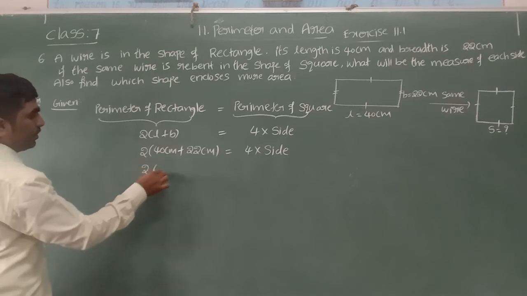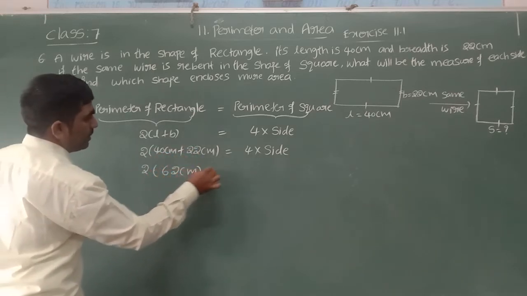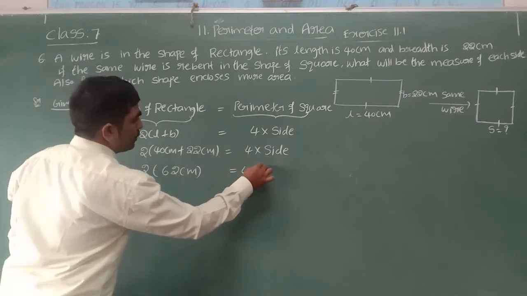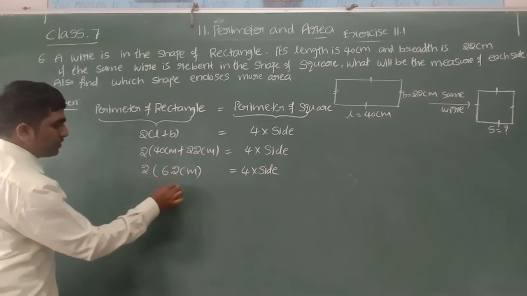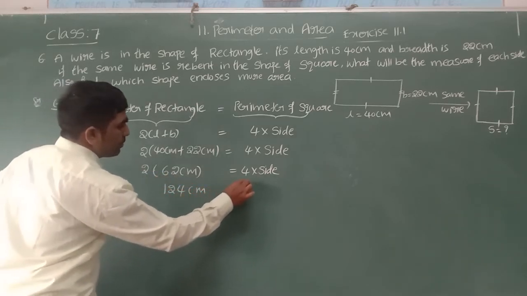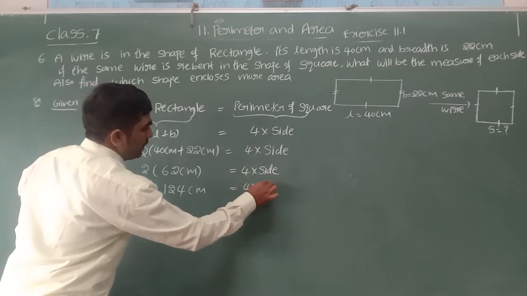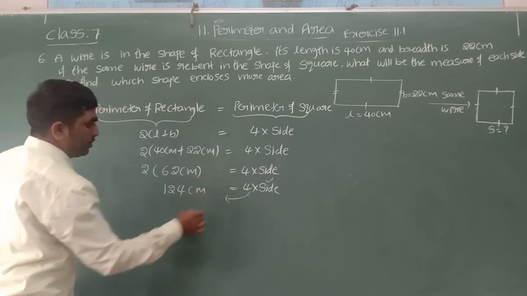Now 2 into (40 plus 22), which is 62 centimeter, is equal to 4 into side. Now 62 into 2: 2 2s are 4, 2 6s are 12, so 124 centimeter is equal to 4 into side. Now to find the length of the side, this into 4 you can transpose.